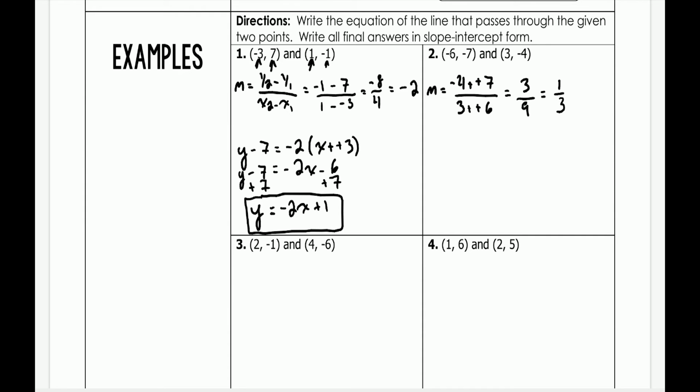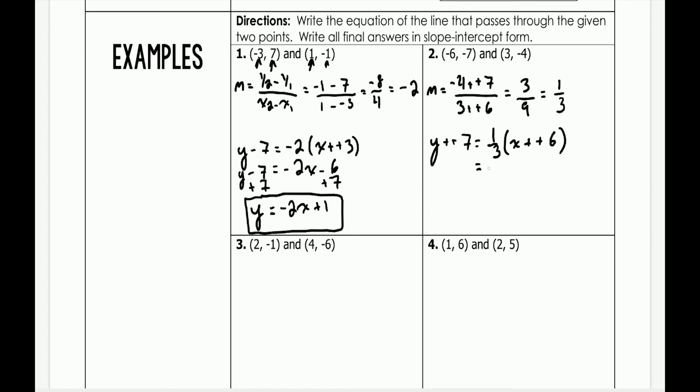Now, using the first point, -6, -7, and the slope that we found, we're going to use the point slope form. We have y minus -7 is equal to 1/3 times x minus -6. Since we're subtracting negatives, we can change that to addition.